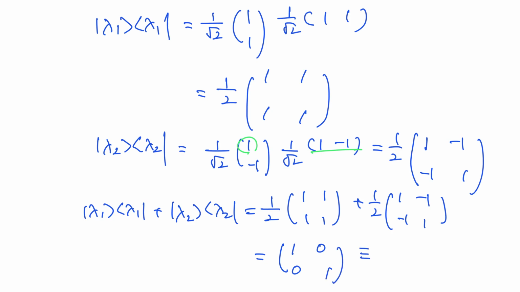Which is called the identity matrix. So if you have an orthonormal basis, and you form the outer product and sum together, then we obtain the identity matrix.